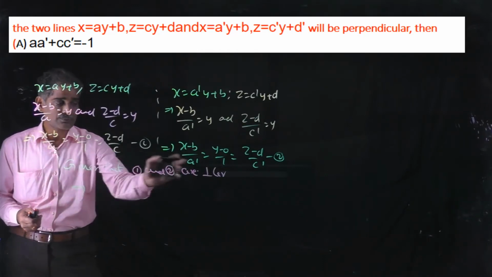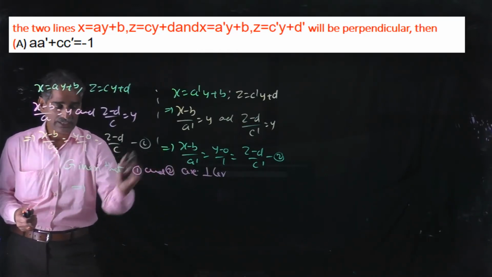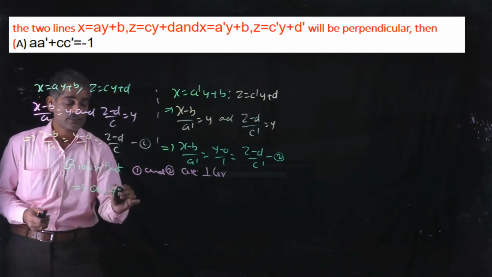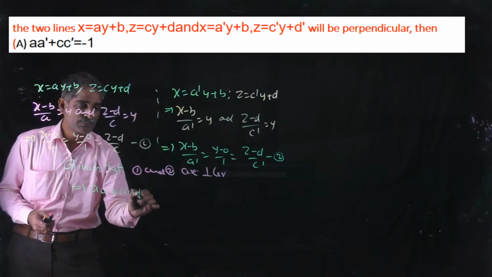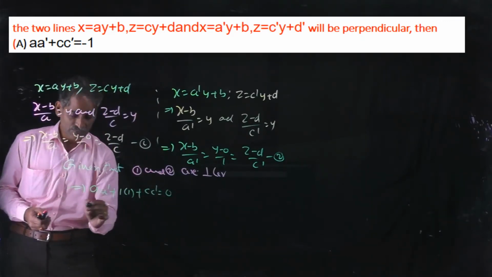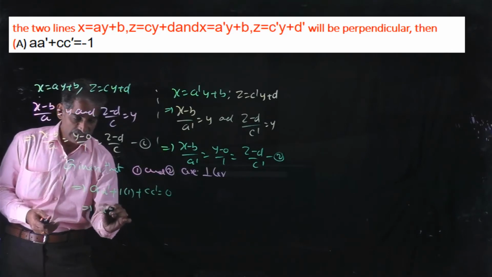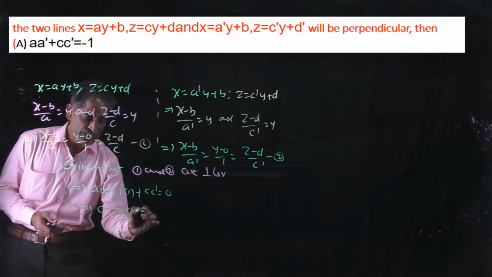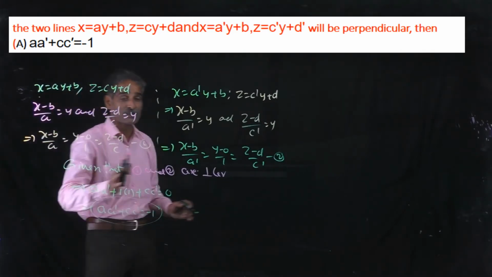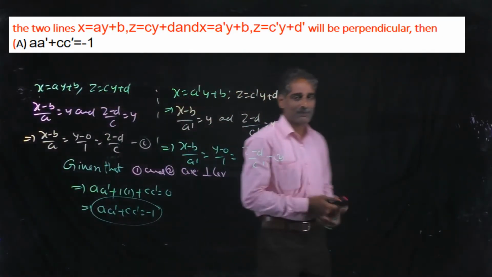With the help of that formula, we can write a dash plus b dash plus c dash is equal to 0. So from this we can write a dash plus c dash equal to minus 1. This is the condition for the lines to be perpendicular.